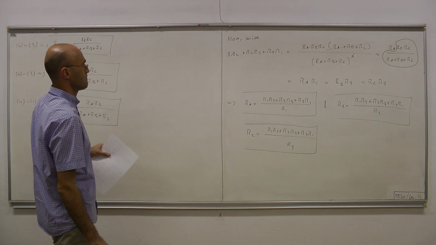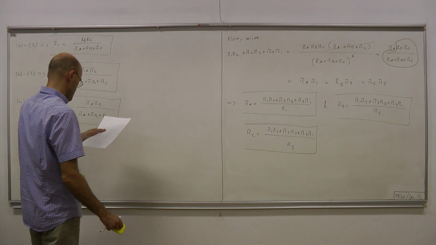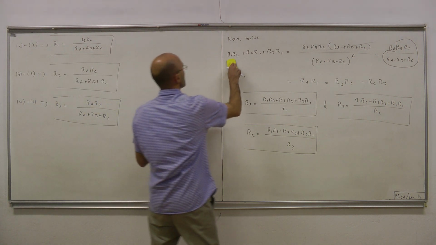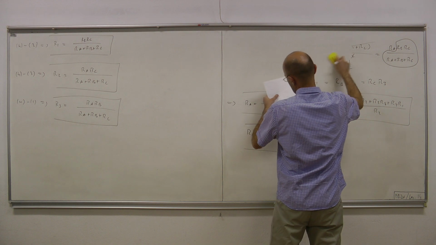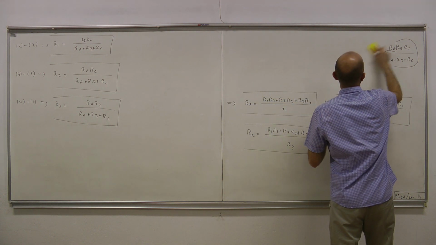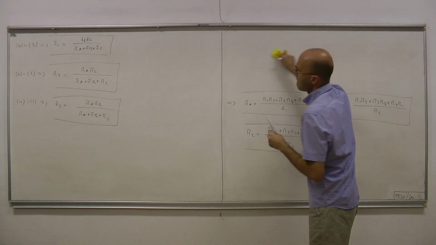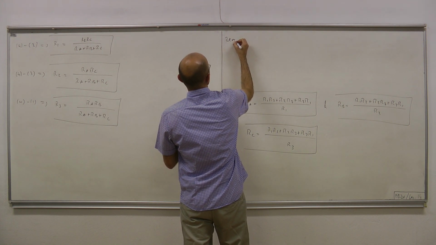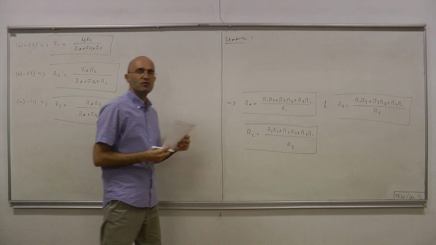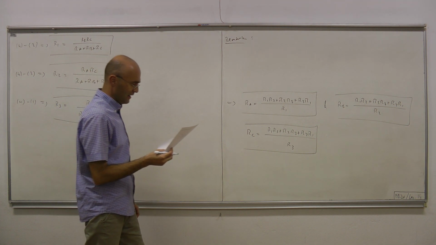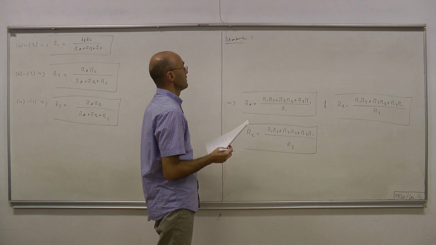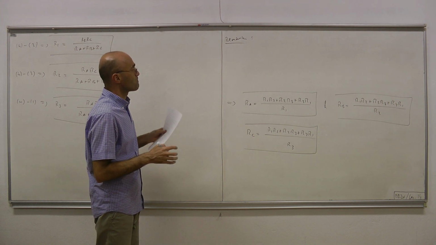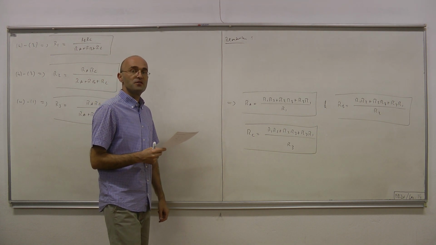Now an important remark, let me write it here. If you have the following symmetry for the delta connection, then the Y connection is also symmetric, and the relation between the corresponding resistances is as follows.